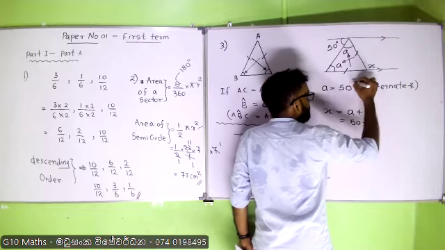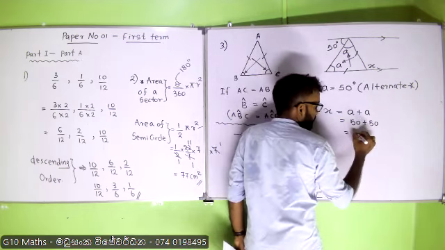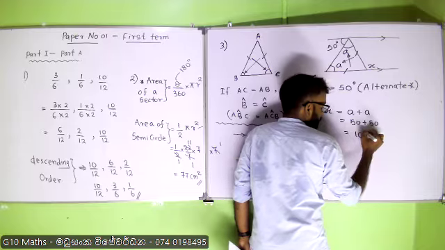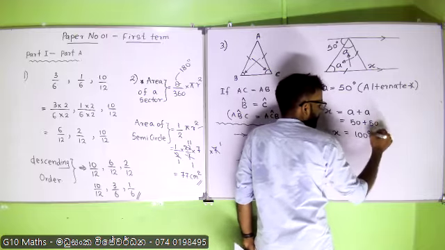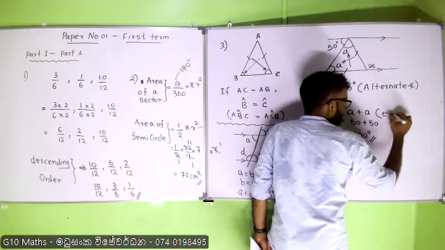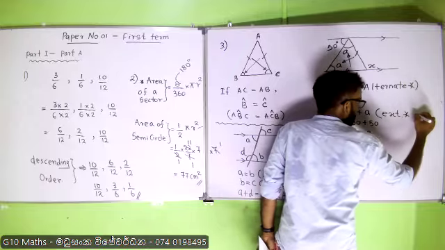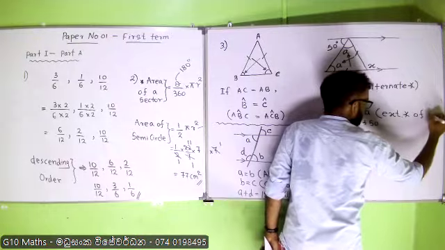This should be in degrees; definitely you need to put that. 50 plus 50 means 100 degrees. So the magnitude of x is 100 degrees. The reason is the exterior angle theorem of a triangle.